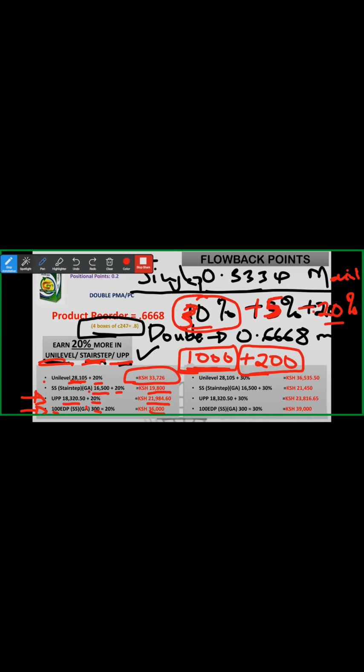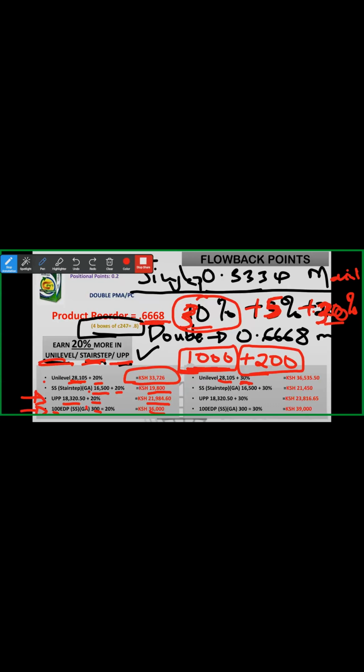And then if you do triple maintenance, you get plus an additional 30% kwa hii hapa. So for a GA, kama originally ulikupate 28,000, lakini badala ya double maintenance, you do triple maintenance, you get an additional 30%.